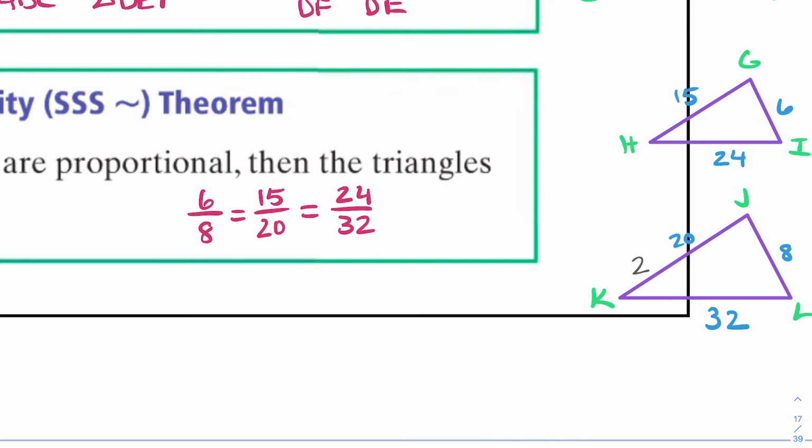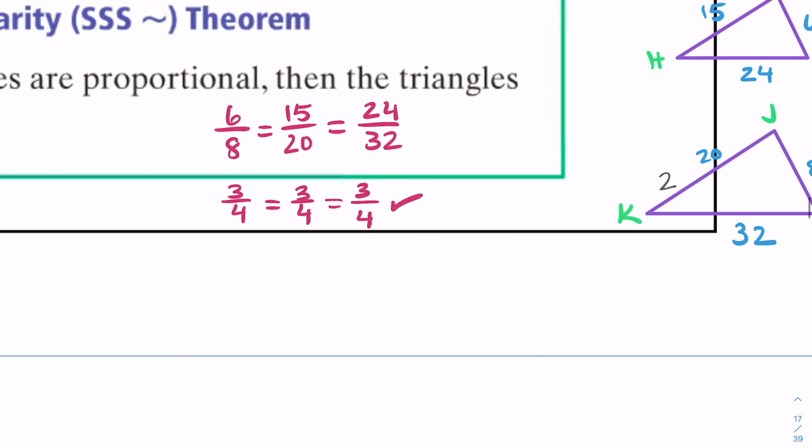We have 3/4, we have 3/4, and then 8, 16 plus another 8 is 24, 3/4. And it looks like they are all similar.